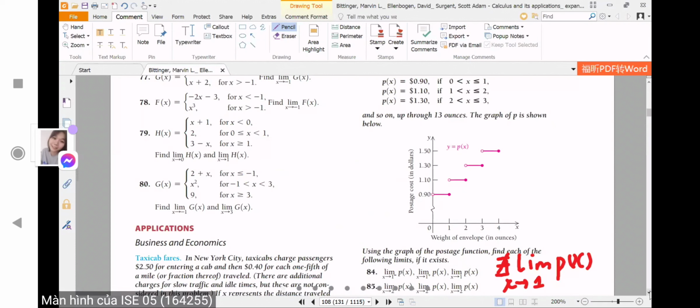At number 2, left limit equals... You can see this graph, or you can see on this expression. Two equals what number? 1.3. No, not 1.3. Left limit is 1.1. Right limit 1.3.